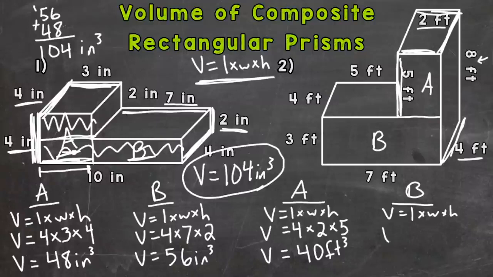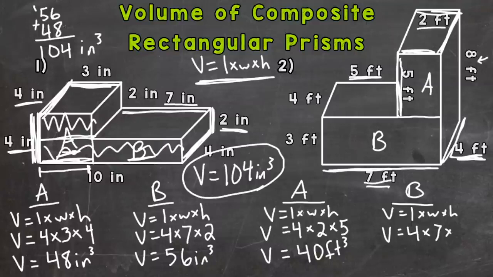Now for B. The length. Well, that whole composite rectangular prism, all of it goes back 4 feet, which again, we use this 4 here. And then we need to multiply it by the width. Now B does go all the way across, so we can use this 7. Don't use this 5 here. That 5 won't be used. It doesn't go all the way across. So again, we need this 7.